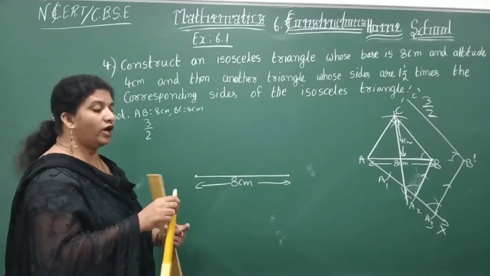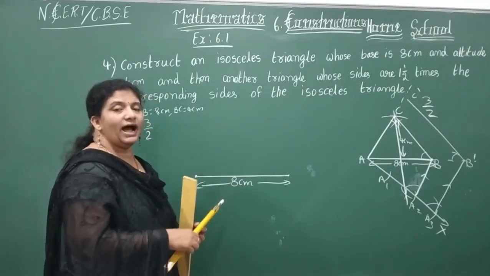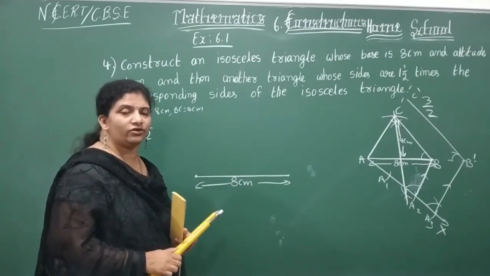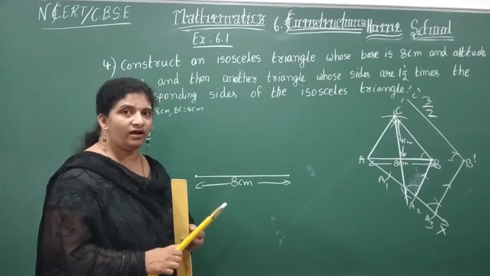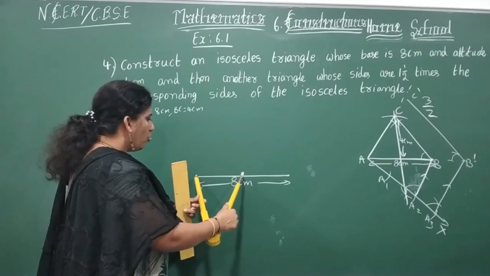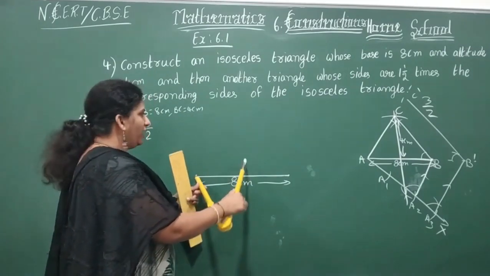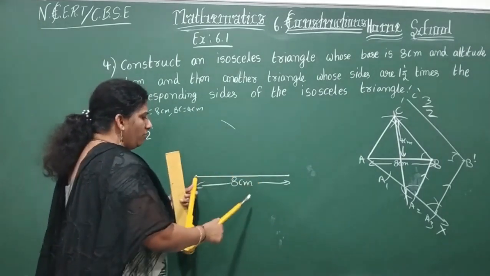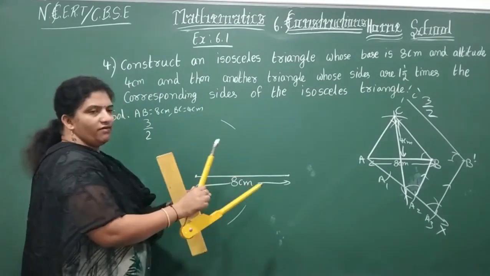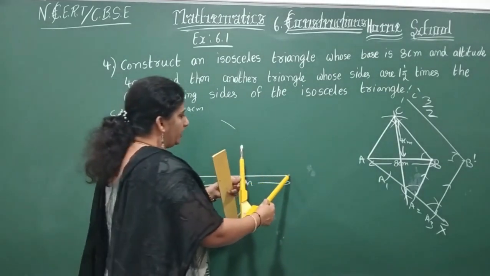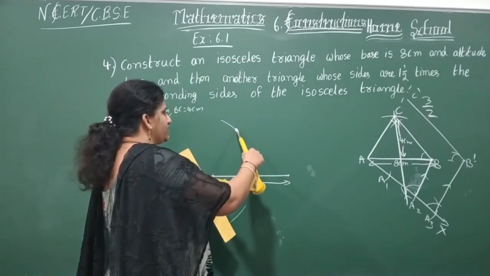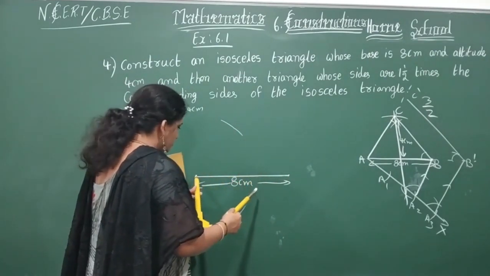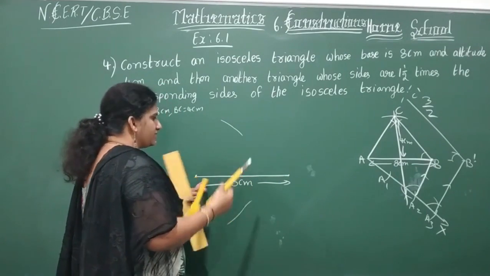Now what you do is very important. Altitude. How to do altitude? First we need to draw a bisector. Perpendicular bisector. More than half. Okay. So above, below. Now again from this point. So here what I do, I will extend a little. I will extend this side too.